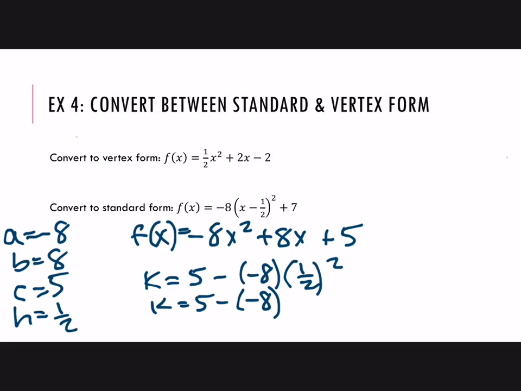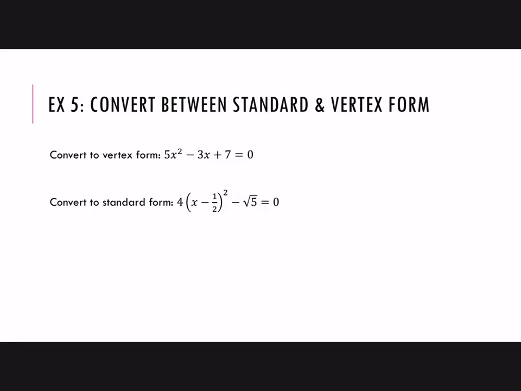Okay, so 1/2 squared is 1/4. 1/4 of negative 8 is negative 2. And 5 minus negative 2 is 5 plus 2, or 7. So I end up with h is 1/2 and k is 7, and that's exactly what I see in the original equation in vertex form.